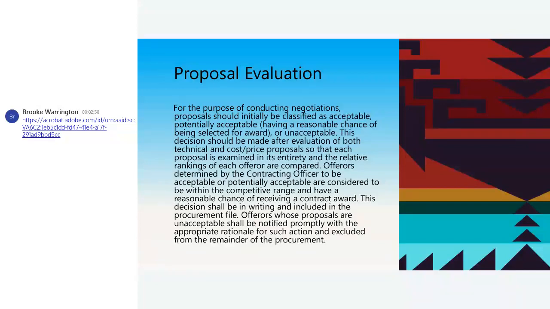You guys gotta basically document everything and don't rely on your memory to do that. Keep them all together, keep really good notes. If you can't do it at that moment, put them in a stack and make sure somebody does that, okay? Offerers whose proposals are unacceptable should be notified promptly. Got to do that too. Promptly, make sure that's in your procurement policy, what promptly is, okay?